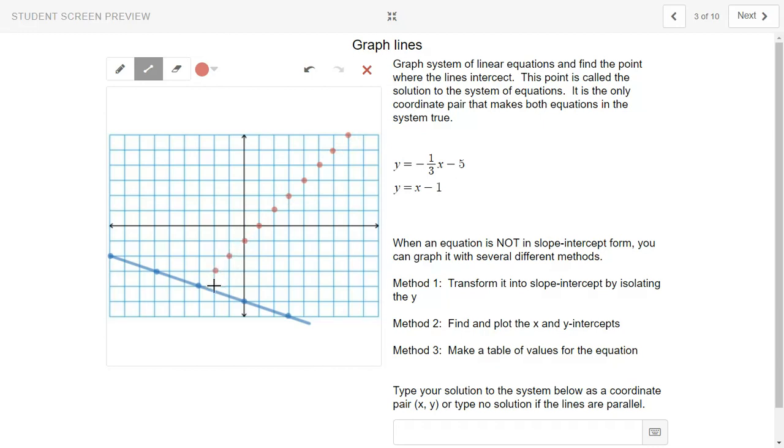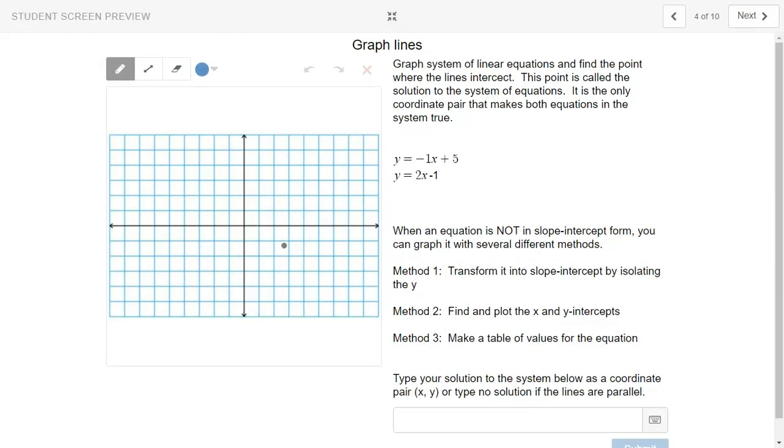Look at that. They share that point, and that will give me my solution. What's its location in relation to the origin? It is -3 and -4. (-3, -4). Next.